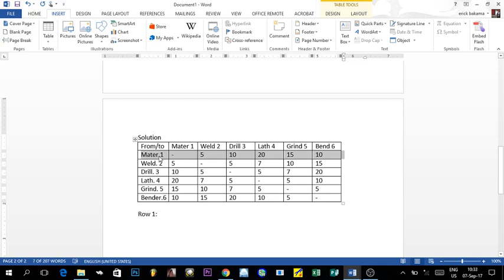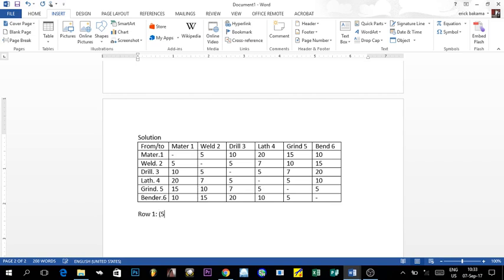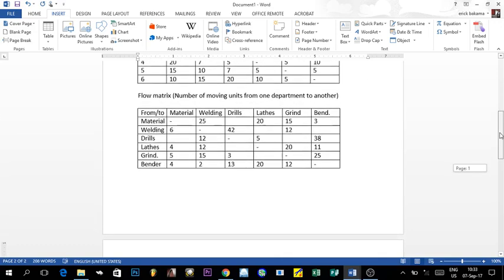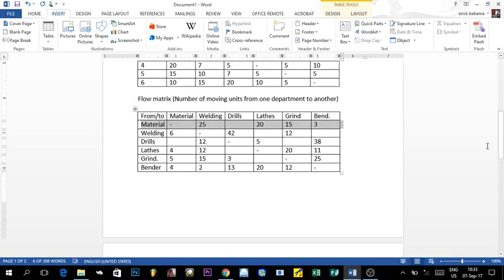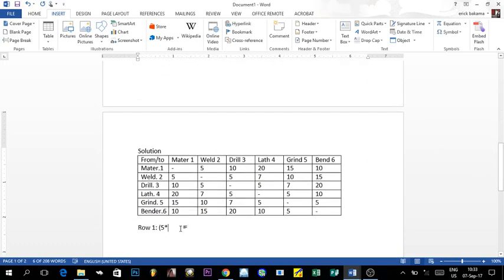So here we have room 1 and room 2. What is the distance? The distance is 5. But now, what is the department that is in room 1? It's the material and welding. Now, how many units are moving from material to welding? We look at our table. Material is here and welding is here. So we have 25 units that are moving. So we have 25 here.